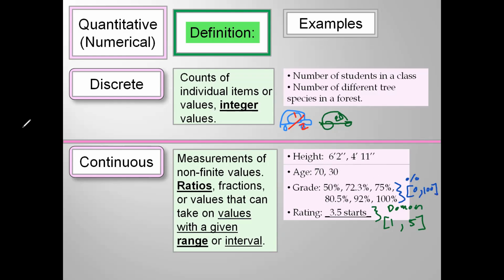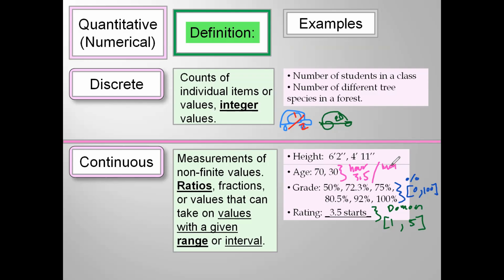How about age though? Age is an interesting one because when we're looking at age, we're thinking about whole numbers. However, if we're looking at age for a newborn baby, we can think about age in terms of hours, like 3.5 hours. Or how about we think about toddlers of 14 months?